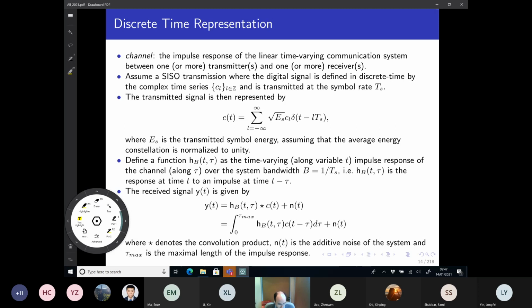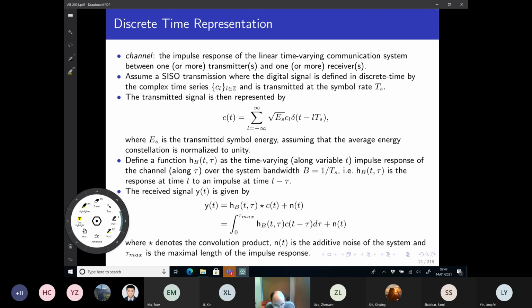Well, depending on who you talk to, you may have a slightly different definition or interpretation. If you take an information theory course, the channel may be represented in the form of some probability density function, or conditional probability density function, or mass function, or something like this.